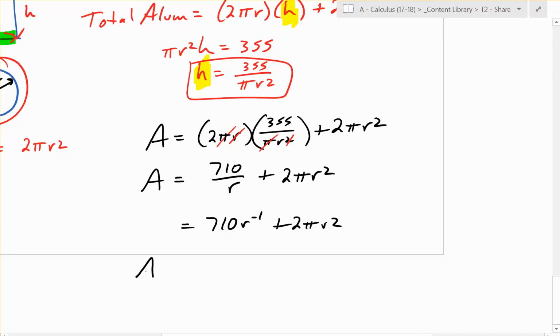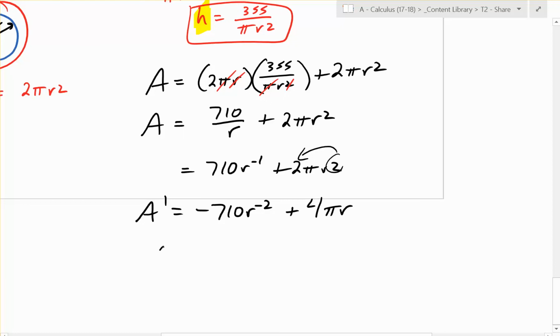So now let's take the derivative, A prime. So it's going to be negative 710 r to the negative 2 plus, drop the 2 to the front, 4 times pi times r. And we're going to set that equal to 0. So 0 is equal to negative 710 r to the negative 2 plus 4 pi r. So 710 r to the negative 2 is equal to 4 pi r.